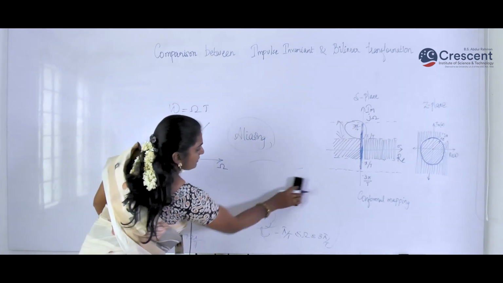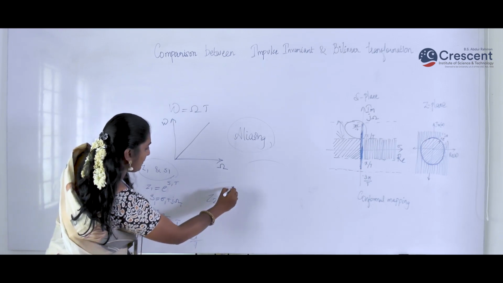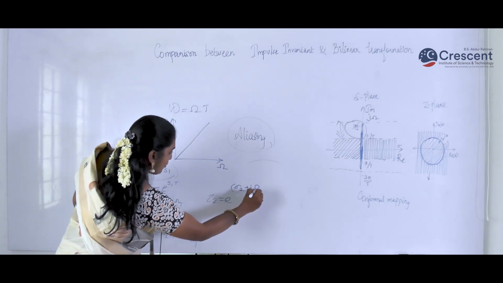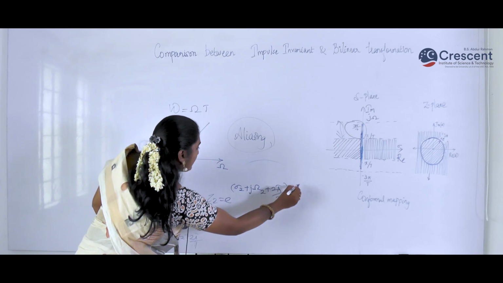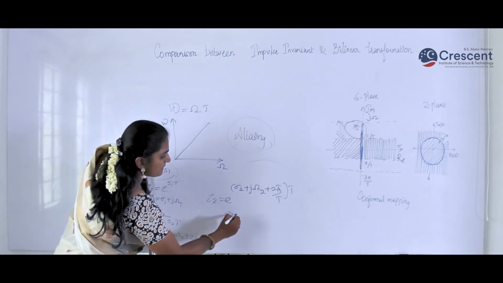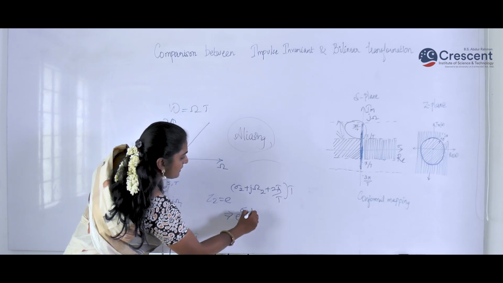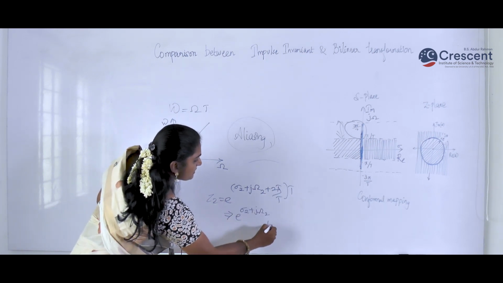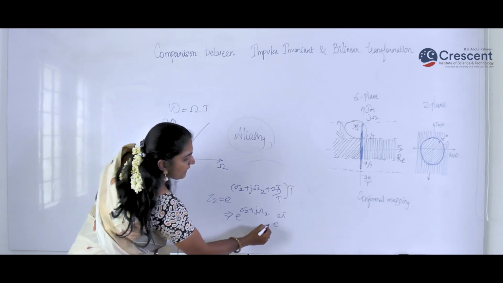Now when I expand this, Z2 is equivalent to e power, substituting the S2 value, sigma 2 plus j omega 2 plus 2 pi by t, into t. So this is e power sigma 2 plus j omega 2, and this t gets cancelled, so it becomes e power j 2 pi.